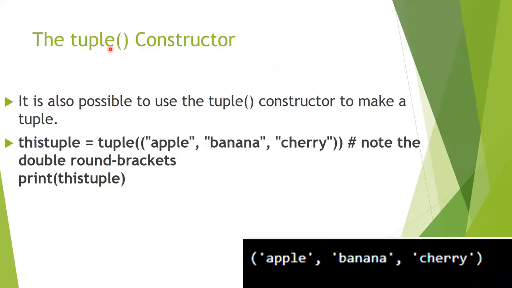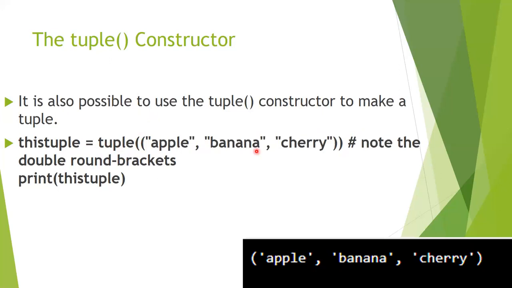Now there is another method, the tuple constructor. We can also create a tuple using the tuple constructor. For this, we have created a tuple named this tuple, equal to the tuple keyword, then we use double parentheses.